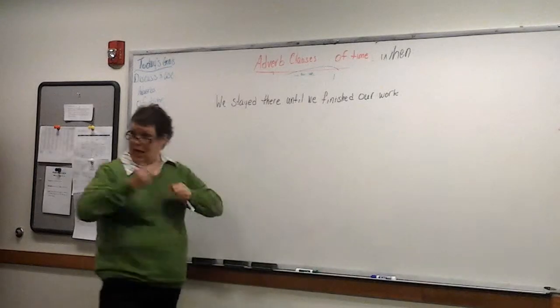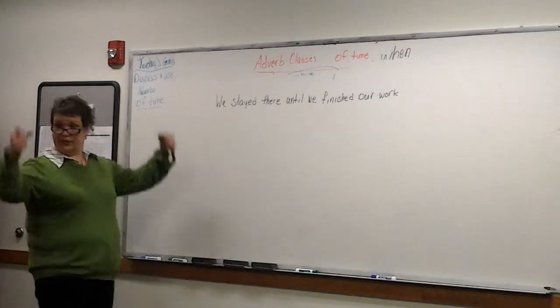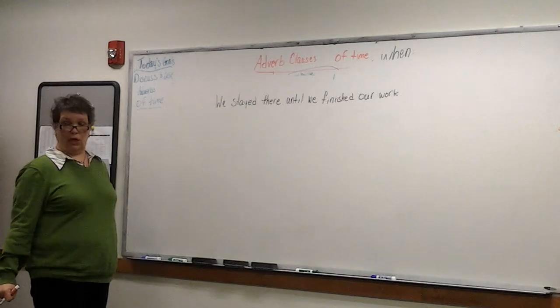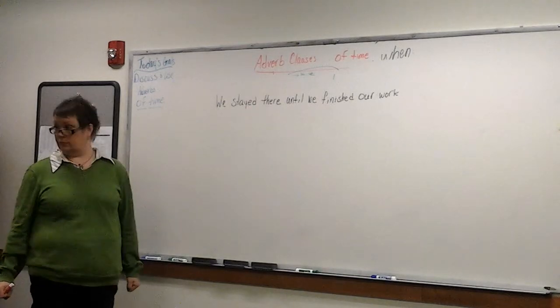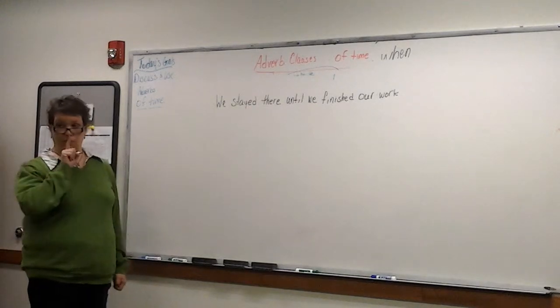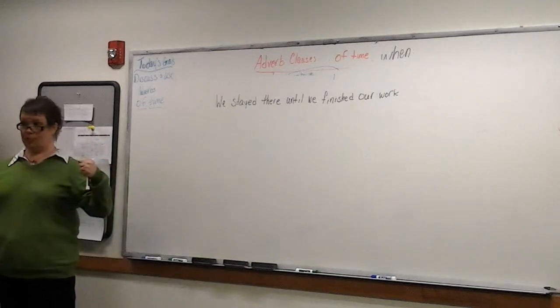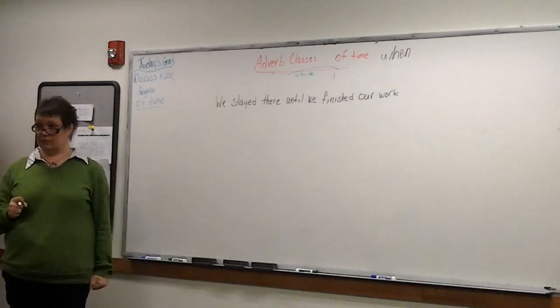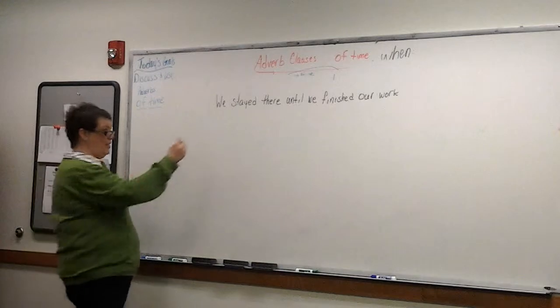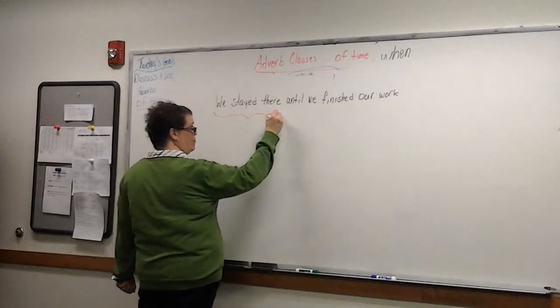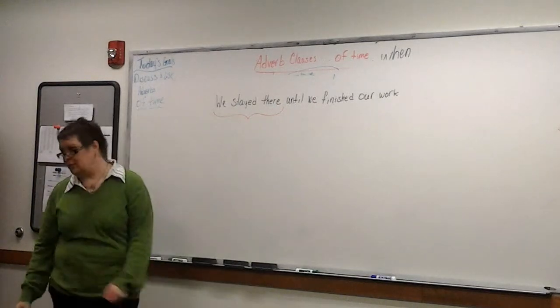Let's look at what clauses we have. What is our independent mommy clause? Our grown-up independent clause. We stayed there. Yeah. So what's our dependent clause, the baby? We finished our work.